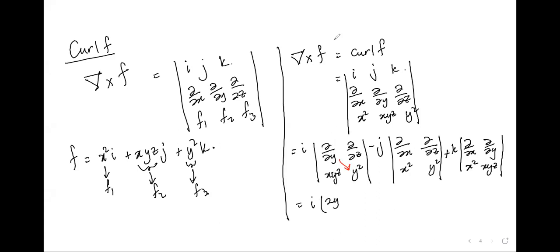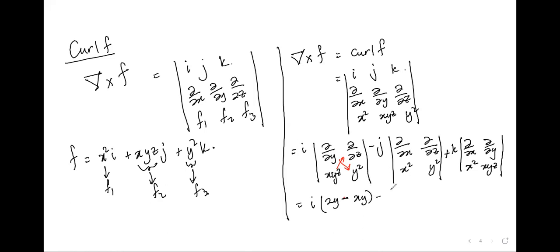And then we're taking minus the partial derivative of xyz with respect to z. We differentiate the z and leave the rest alone, so that is going to be xy.